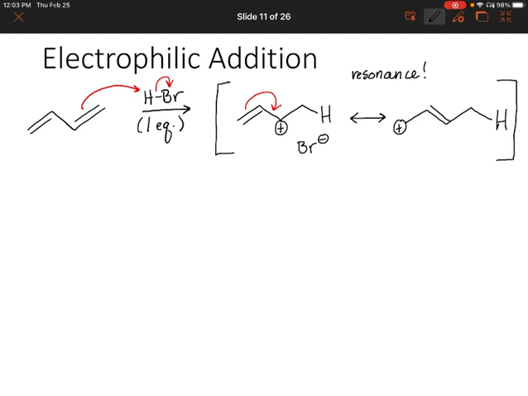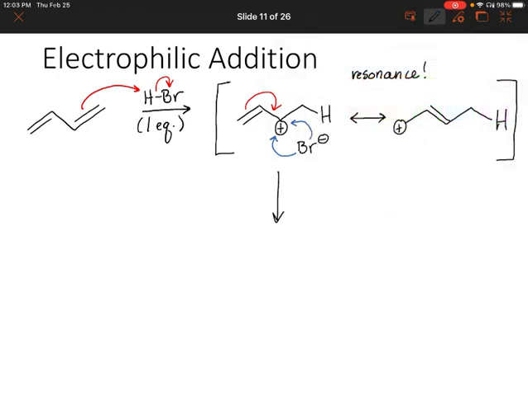Now, let's look at our first resonance structure. That bromide ion is right there and it's ready to react, so it can react with that carbocation. And remember that if you have a carbocation, the nucleophile could attack from the front or from the back.